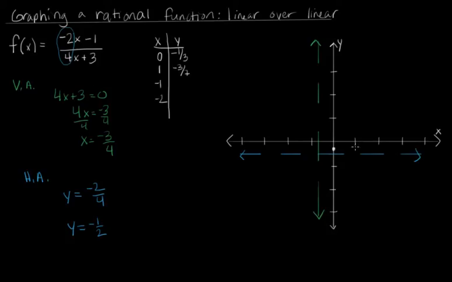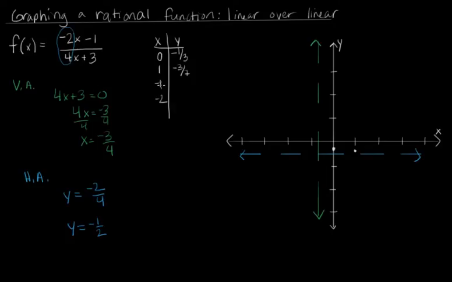So 1 gives negative 3/7. Compared to 1/3, it is closer to 1/2 than 1/3. So it's going to be like down here, a little bit closer to the asymptote. Okay.